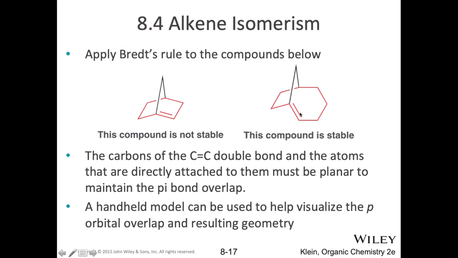They're going in opposite directions from that double bond, but that's allowed with Bredt's rule. Whereas here that trans configuration is not going to be stable, because the ring strain on these bonds is going to be huge.